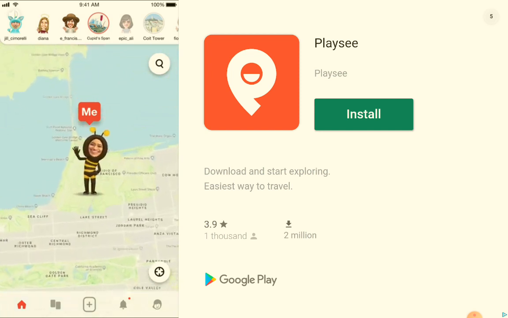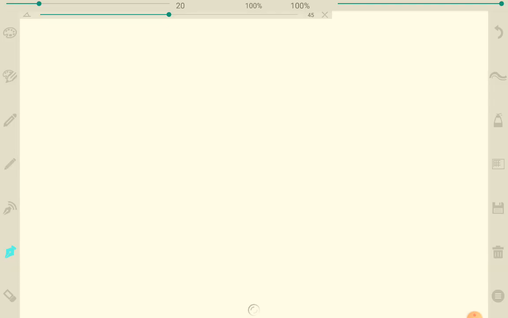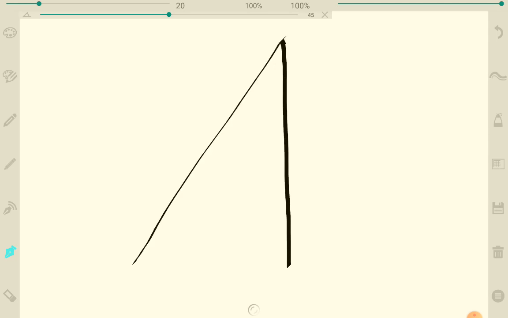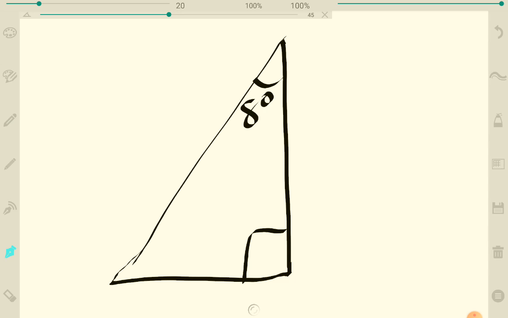Our next problem is going to be another division one. This time we'll label this as 8 degrees, and we're going to label the hypotenuse as x and this side as 36.